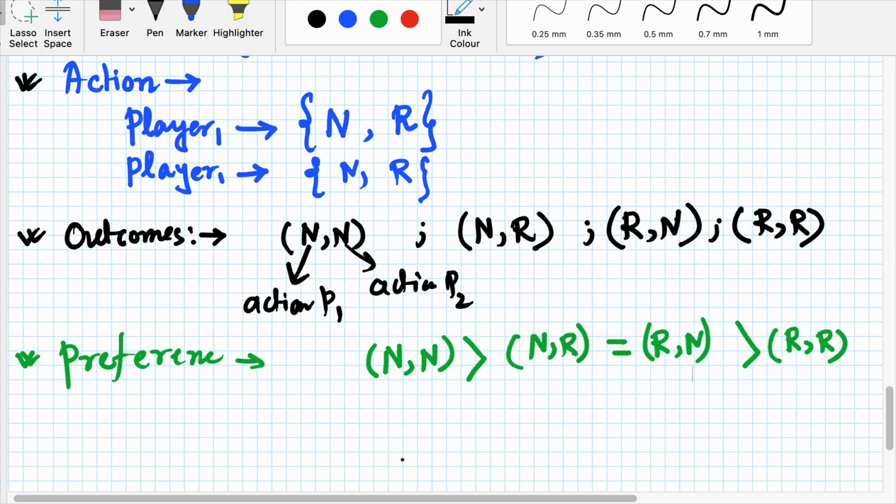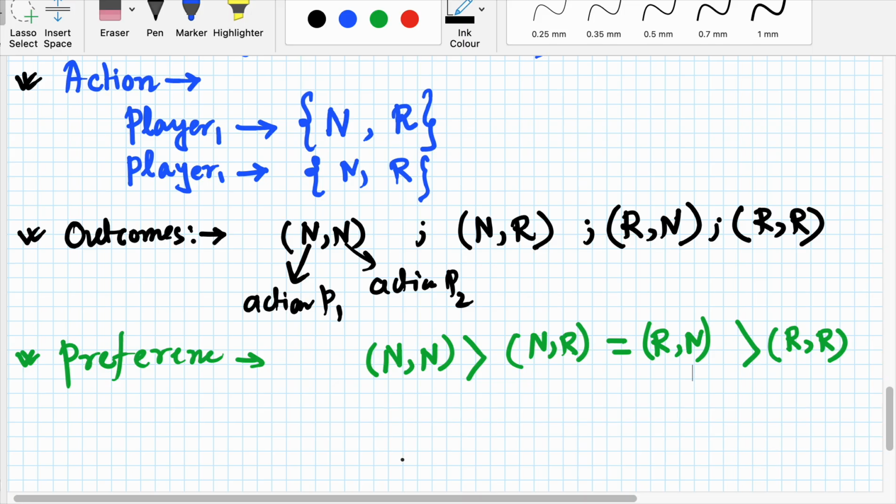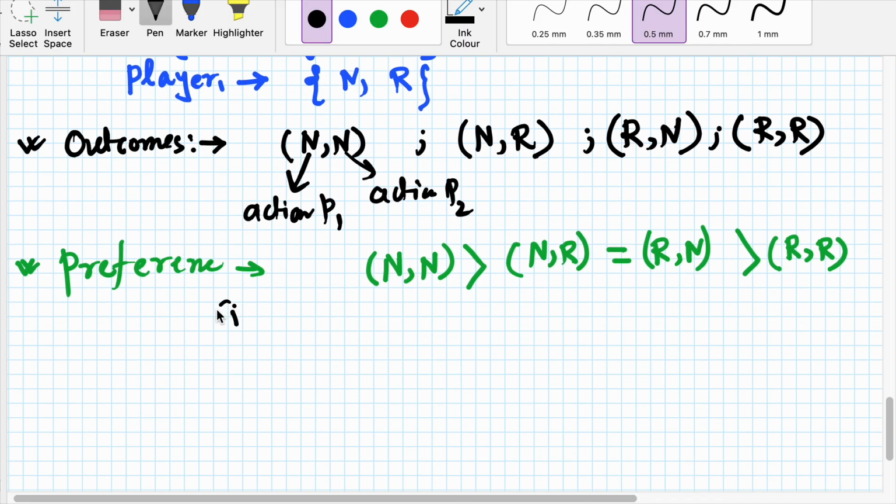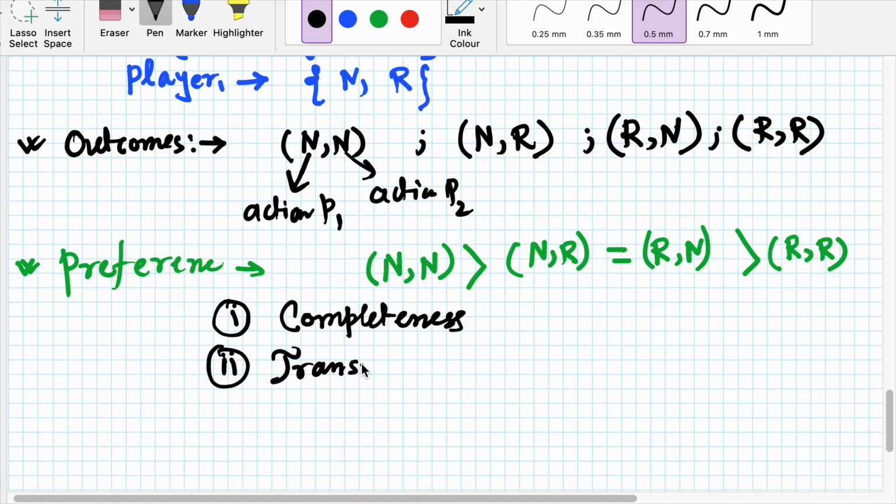Obviously we can, because as we know from the two axioms, one is completeness and the other is transitivity. Completeness follows, which we can readily see from here, and we can also see that transitivity is followed by this. nr is equal to rn.